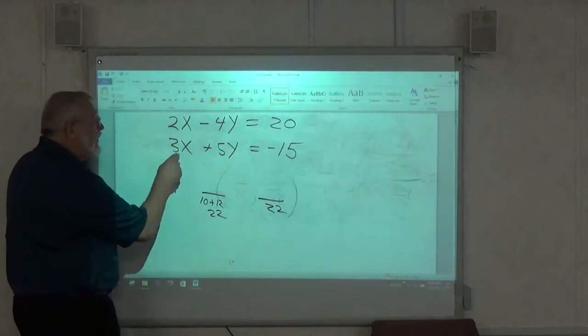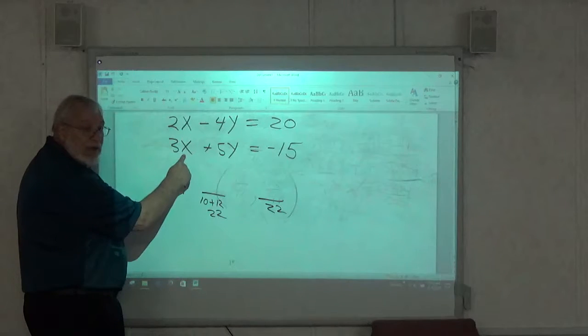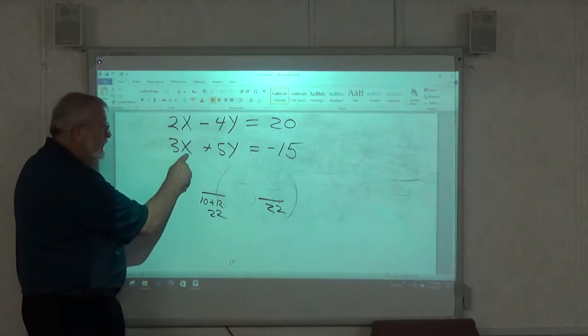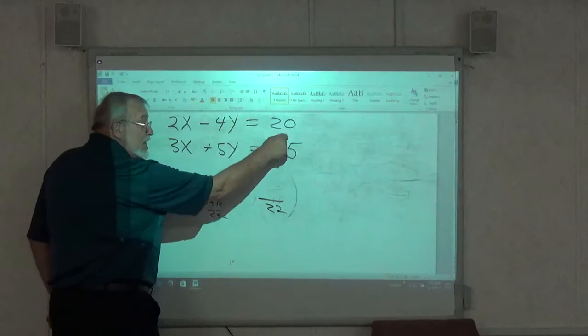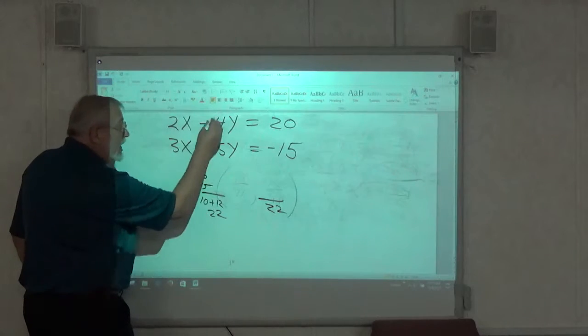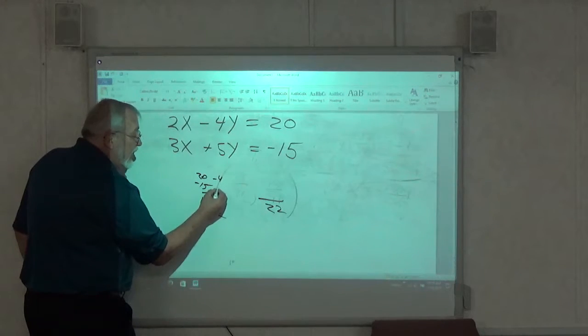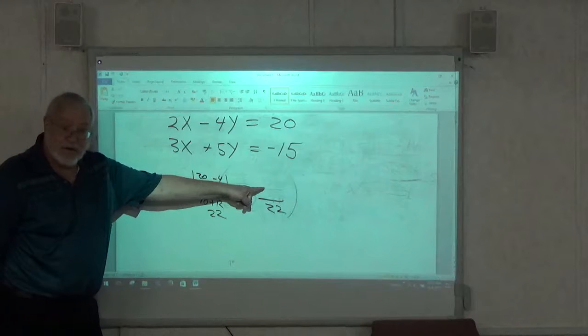And so what do I do now, Sydney? What do I do with these x's in order to get my numerator? I replace these 2 and 3 with 20 and negative 15. So I go 20, negative 15, and then negative 4 and 5. Right? What do I do over here?